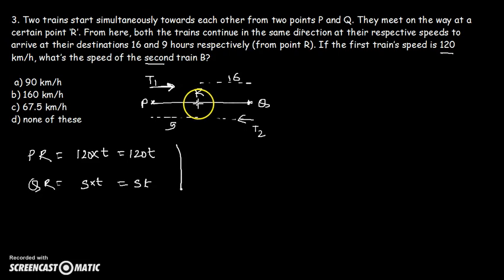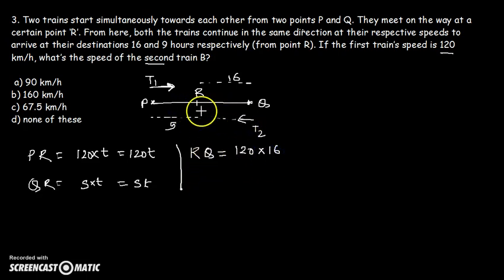Now let us see the next side of the picture. Train T1 after meeting at point R continues in Q direction and reaches the destination in 16 hours. So RQ will be given as speed of train T1, 120, and the time taken. What is the time taken? Time taken is 16 hours.